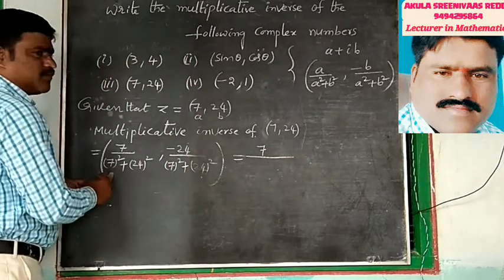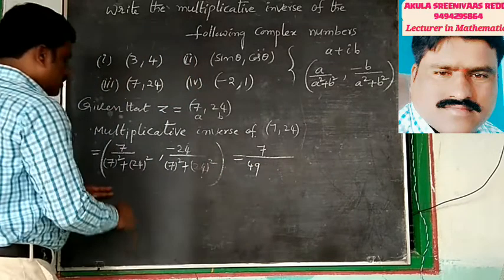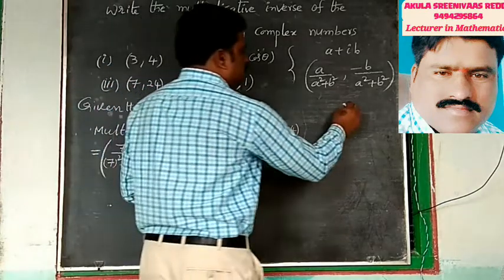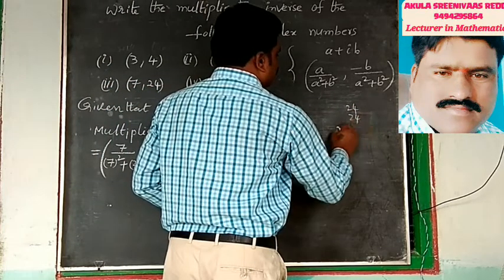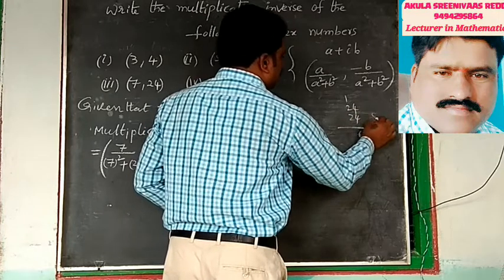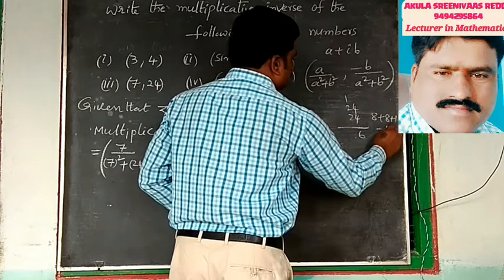7 square means 7 into 7, 49. Now we find 24 into 24. So 4 4 are 16, 2 4 are 8, 2 4 are 8 plus 1, so this is 17.